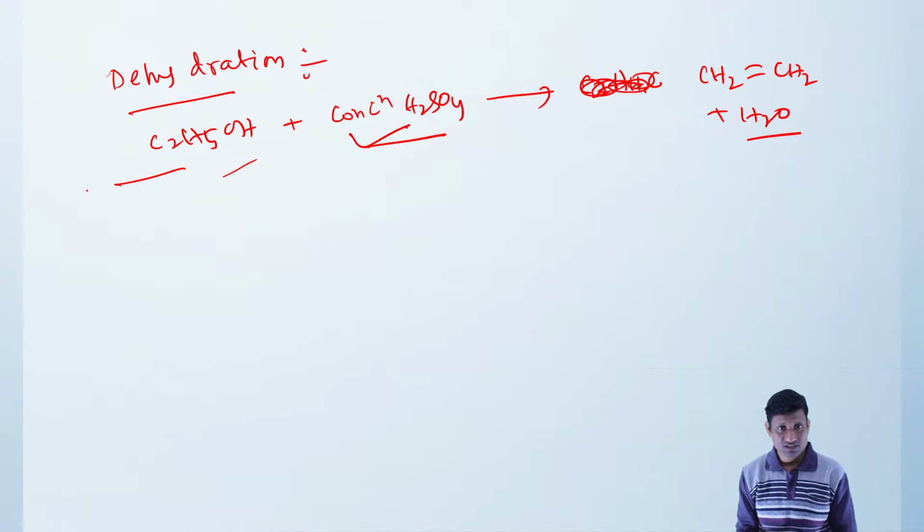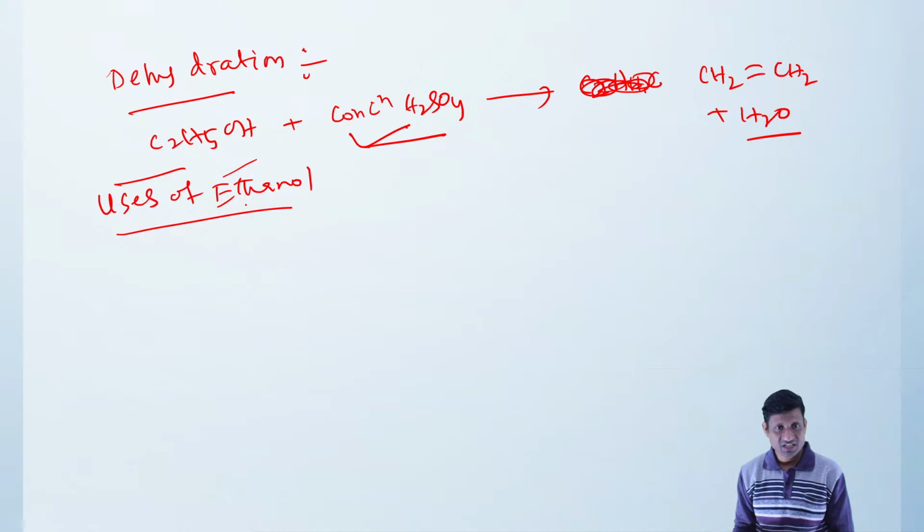Now we'll learn about the uses of अल्कोहल और स्पेसिफिकली इथानॉल. तो इथानॉल जो हमने पहले ही बताया है, सबसे अधिक मात्रा में जो अल्कोहल यूज होता है वो है इथानॉल. ठीक है, so what are the purposes? So first, this is used as a fuel for lamps. So this is not for a home lamp.